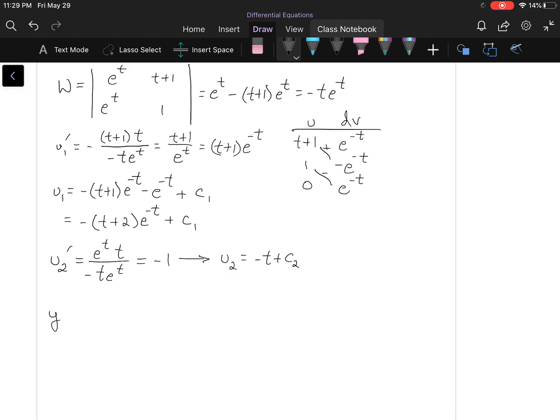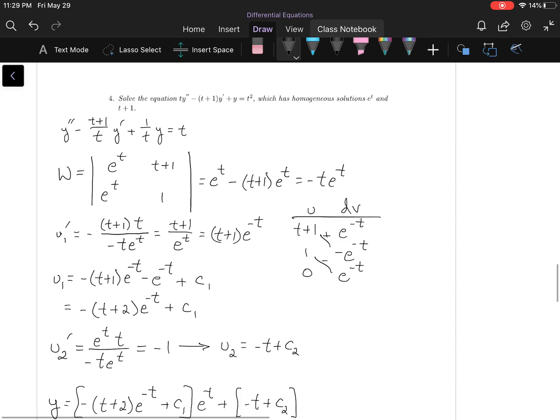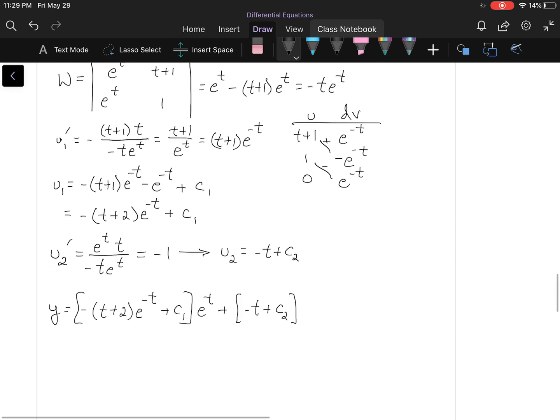Which brings us to our final solution of u1, which is negative t plus 2 e to the negative t plus c1 times y1, which was e to the t, plus c2, or u2, excuse me, times the second solution to the homogeneous equation, which was t plus 1.